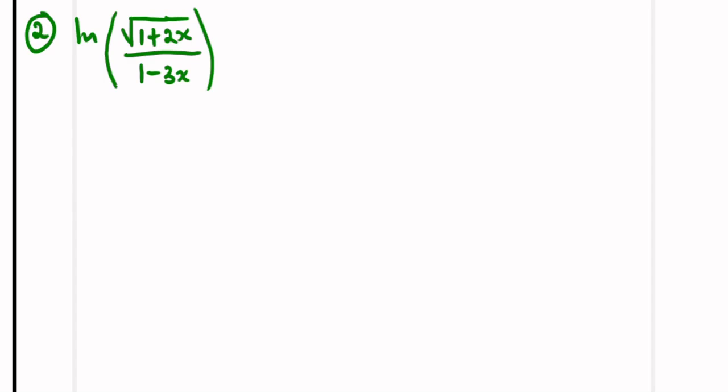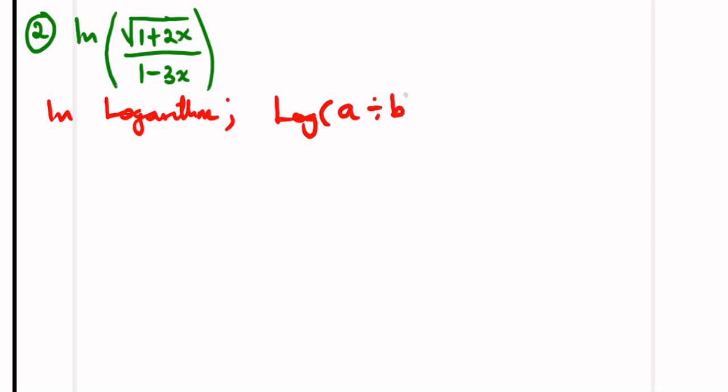To solve this problem, we are going to introduce one of the laws of logarithm. If we have log a divided by b, it means log a minus log b.